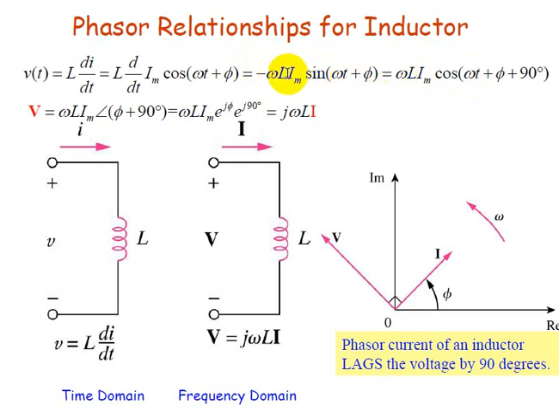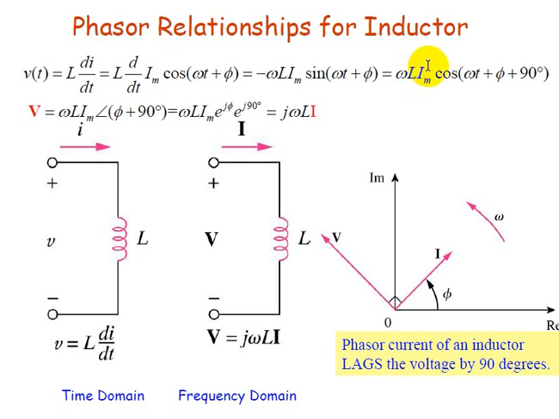Here we have omega, we have L, we have Im, and the sine is converted to cos. So we have got omega L Im cos(omega t plus phi plus 90). Now this is actually v(t), that means voltage in time domain.